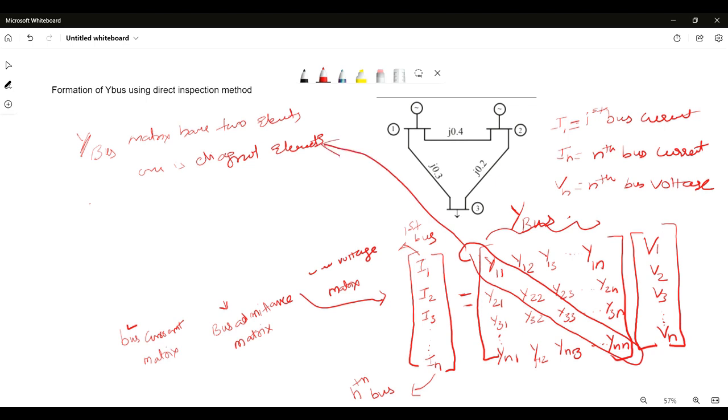The rest of the elements, the mutual admittance values, are the non-diagonal elements, like Y12, Y13, Y21, Y23, Y31, Y32, Yn1, Yn2, and so on.